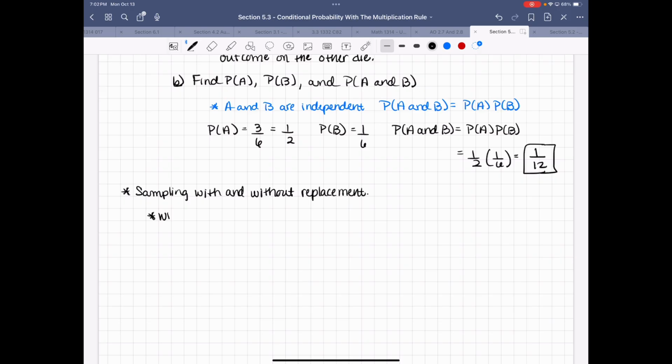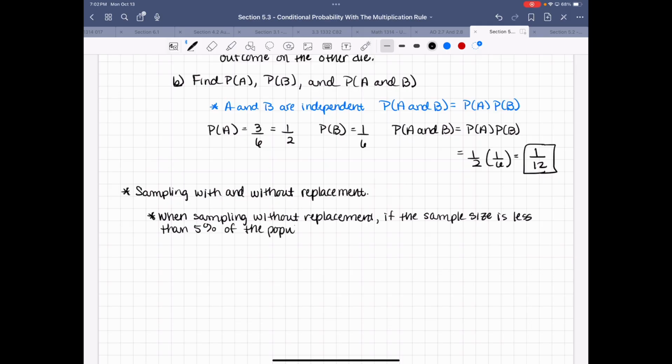When sampling without replacement, if the sample size is less than 5% of the population, the sampled items may be treated as independent.